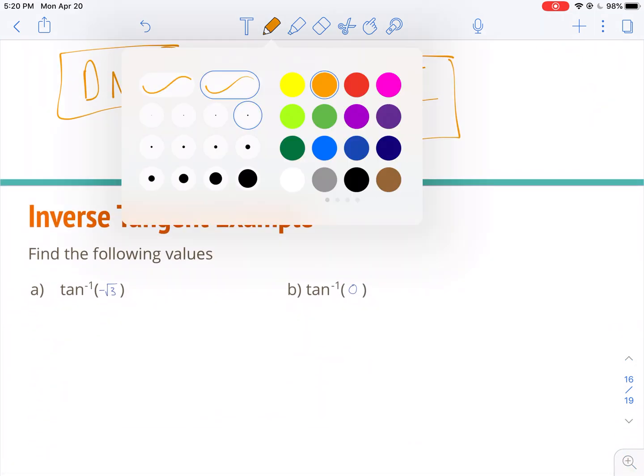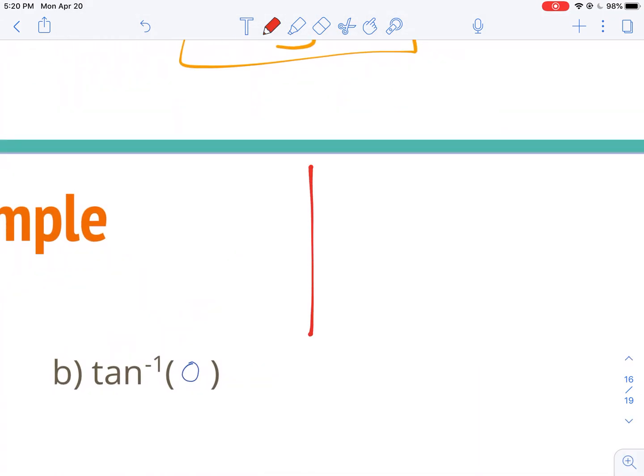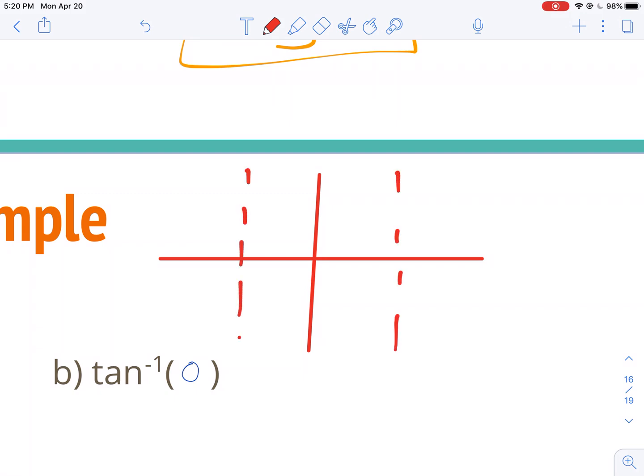Now, inverse tangent, I'll just quickly show you the graph of tangent. Tangent's a little bit more straightforward in the fact that as I draw my coordinate plane, we can quickly see we've got our asymptotes that exist for tangent, and then tangent is like this.